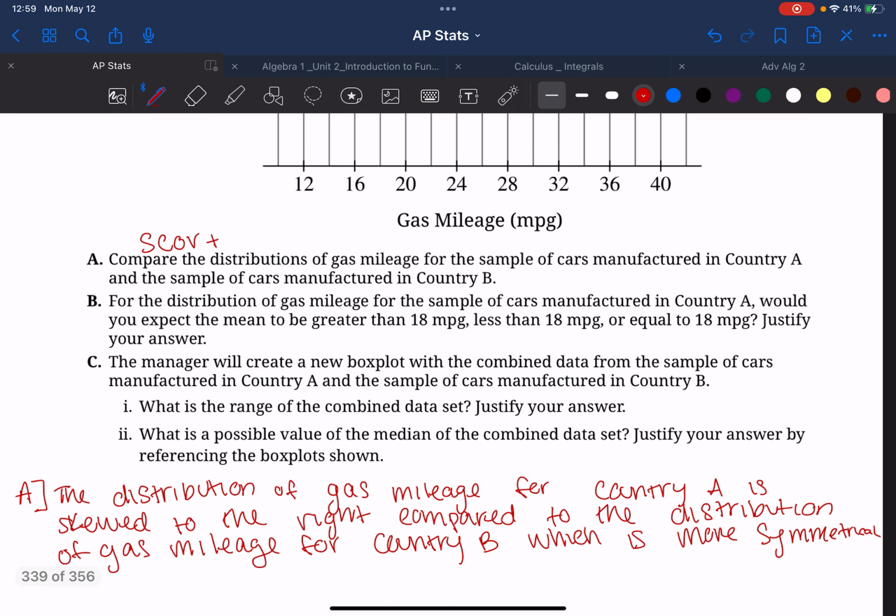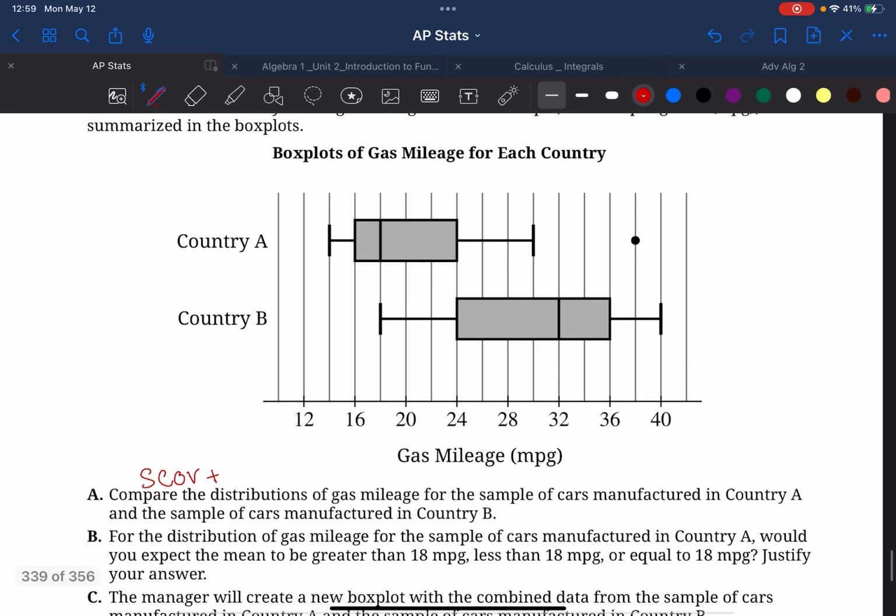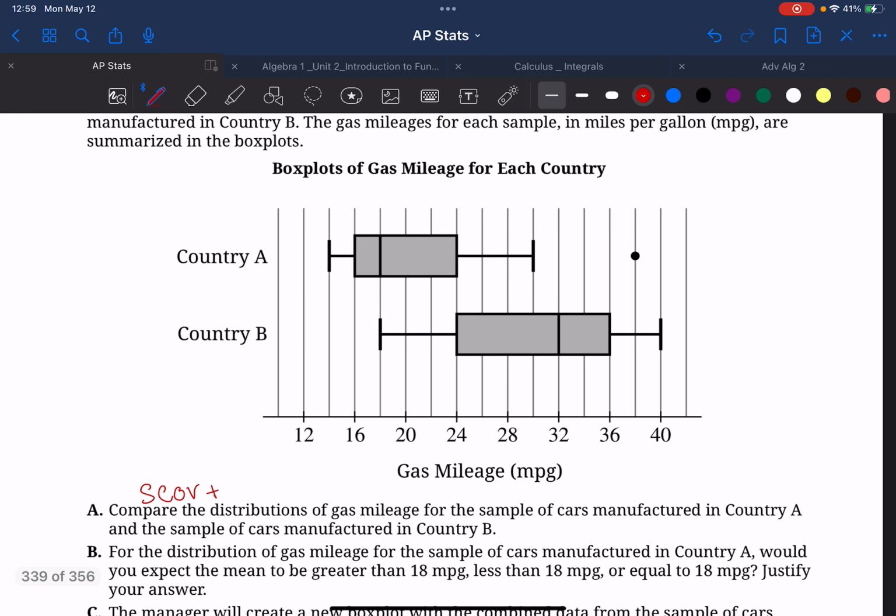Now I'm going to talk about the center for each. Since we have some type of skewness, we know that our center is going to be mentioned as the median. If you notice for country A, our median here is around 18 miles per gallon, and our median for country B is 32 miles per gallon.